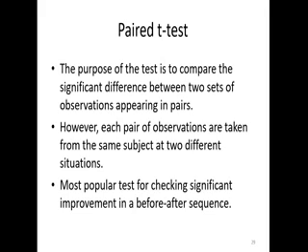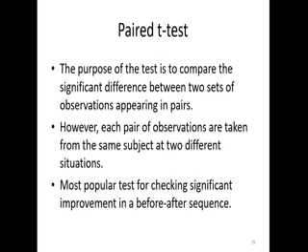Such tests are very useful for checking any before-after situation which generates continuous type data. For example, it can be very useful in sports in order to understand the impact before a training program and after a training program.